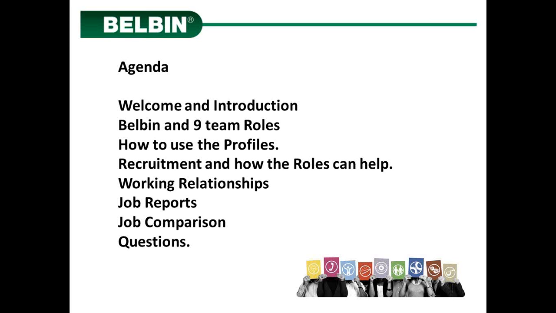Okay. So we're going to look, as I said at the beginning, at Belbin and the 9 team roles. We're going to quickly look at them. We're going to look at some of the uses of the profile, and then for the second half of the webinar, we're going to look at recruitment and how the roles can actually help. So it's going to be very practical, and it's going to focus on 3 things. First of all, the relationships between an individual and their boss, a superior, and their reportee, and how looking at the 2 profiles can help that.